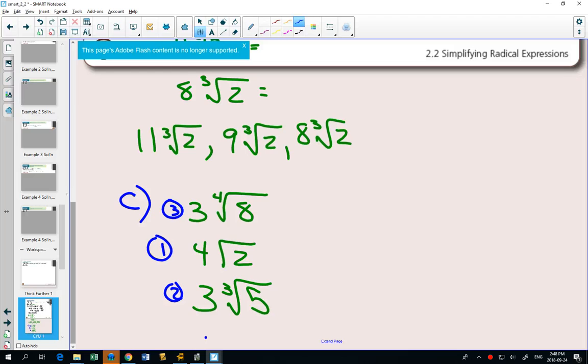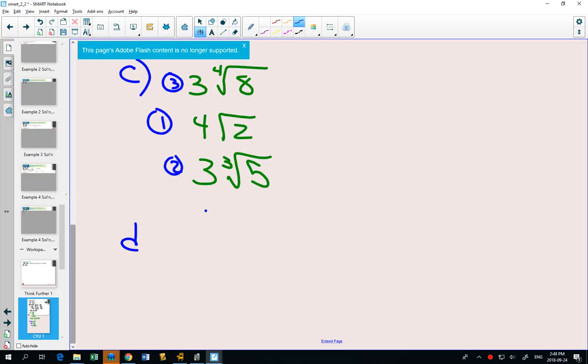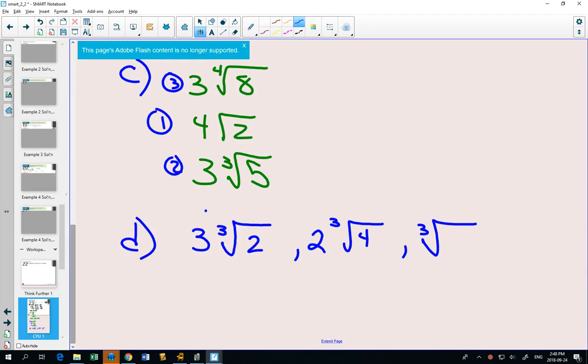So I'm going to add one more question to this. And I am going to have 3 cube roots of 2, 2 cube roots of 4, and cube root of 40.